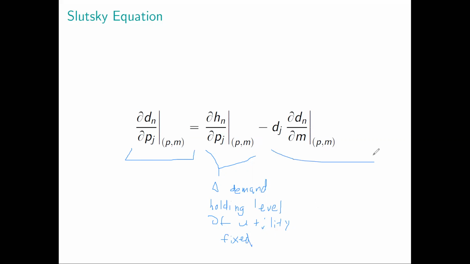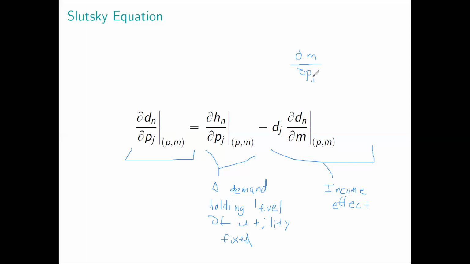And this second part is an income effect. The reason this is an income effect is that as the price pj changes, really we have a function of income that depends on prices, right?